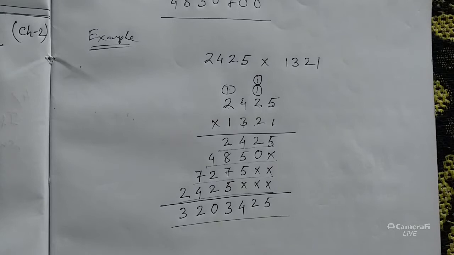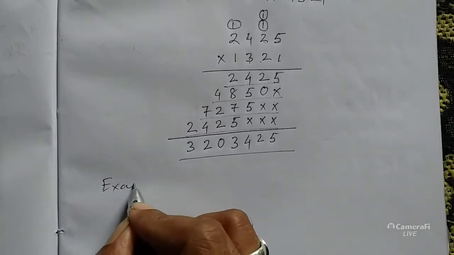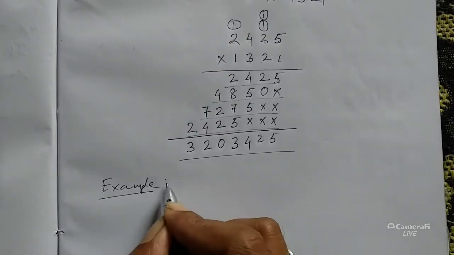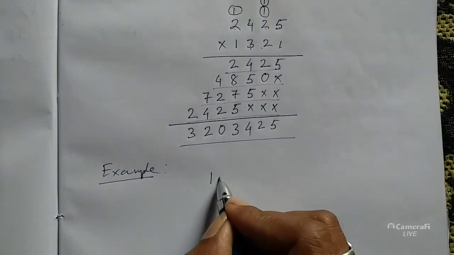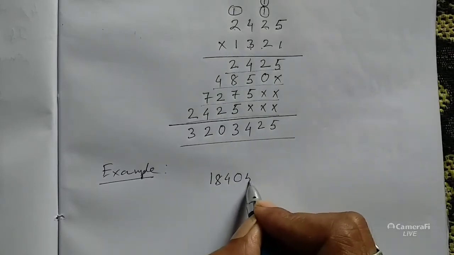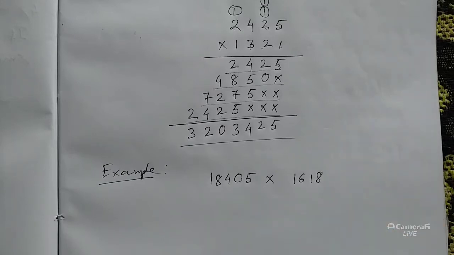So here we have multiplied a 4 digit number by another 4 digit number. Let us take another example of a 4 digit multiplier. This number 18405 multiplied by 1618.